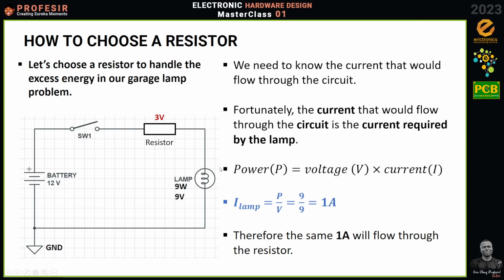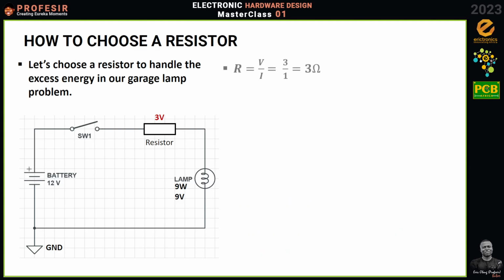This is what we need to choose our resistor. Great, so let's continue. From Ohm's law, since now we know the current and we know the voltage, take note, the voltage that we need is not the voltage of the source. It is the voltage that is to be consumed by the resistor, okay? And that voltage is 3 volts.